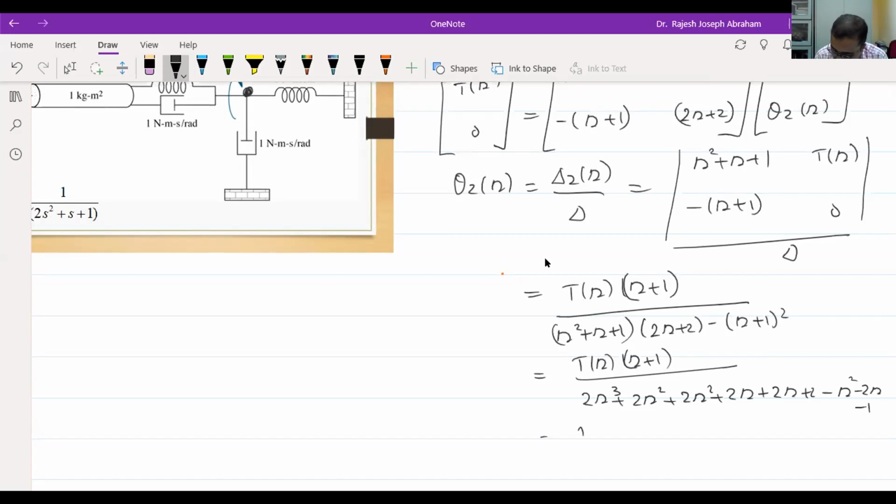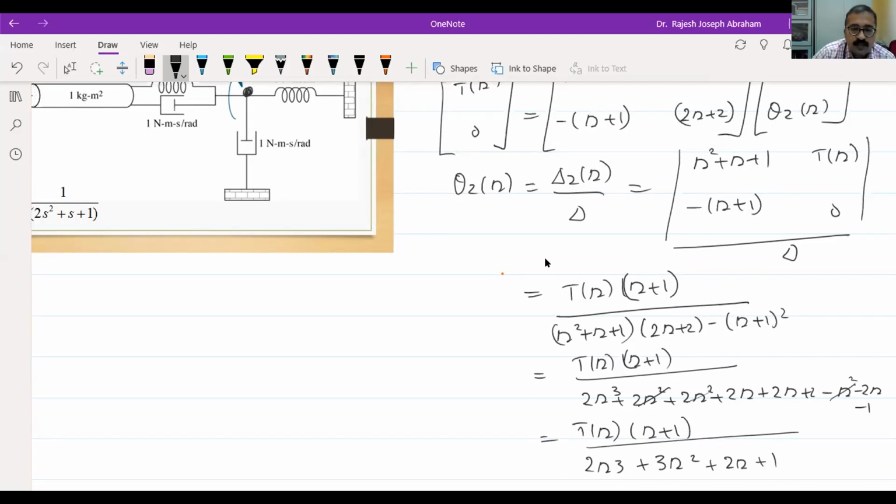So what will you get? T of s into s plus 1 divided by 2s cube. So 2s square plus 2s square, 4s square minus s square, plus 3s square. Then 2s plus 2s, 4s minus 2s, plus 2s. Plus 2 minus 1, that means plus 1. So this will be theta 2.